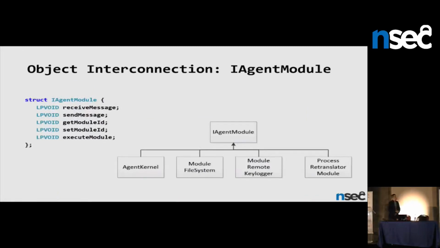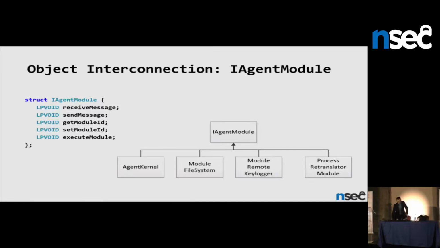Here is the architecture of the agent modules, reconstructed. All these modules implement a single interface, which is IAgentModule, consisting of 5 routines here. The first 2 are used to exchange information with the CNC server: receive messages and commands from the CNC server, and send messages to, or report something to, the CNC server.